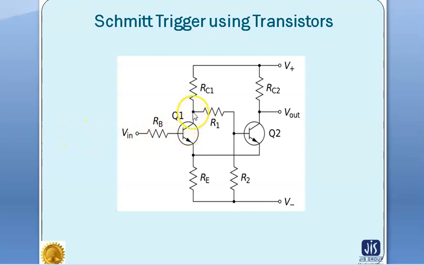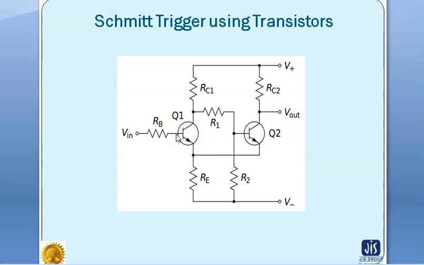Here, the collector of transistor Q1 is connected to the base of transistor Q2. As I said, the circuit looks like a bistable multivibrator, but actually the output of Q2 is not connected to the base of transistor Q1.